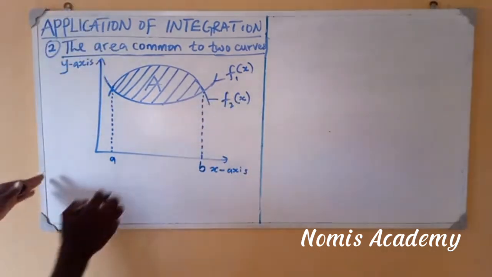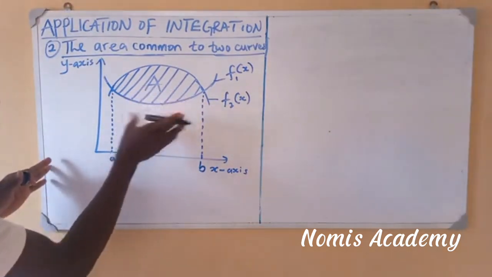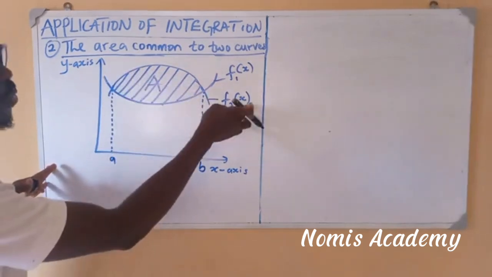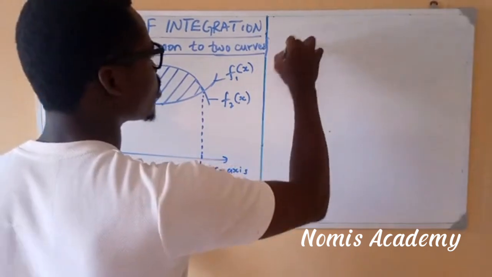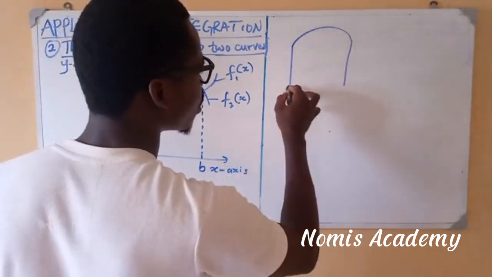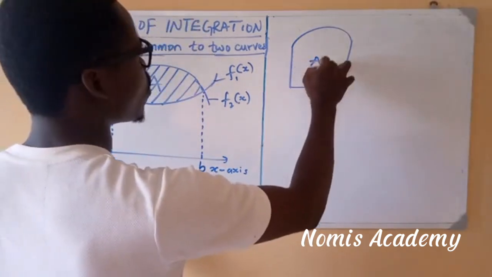Now to find the area below the curve f2 of x, let's pick that separately. Remember we have something like this, the area of the curve facing down. Let's call that A1.